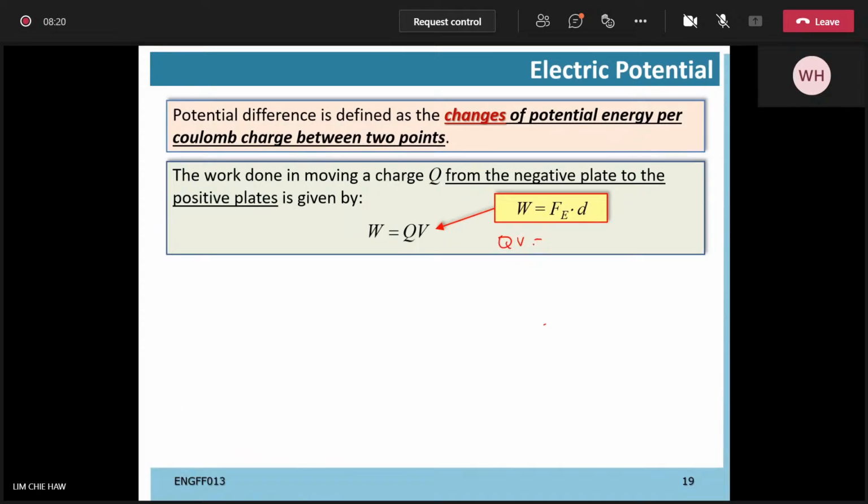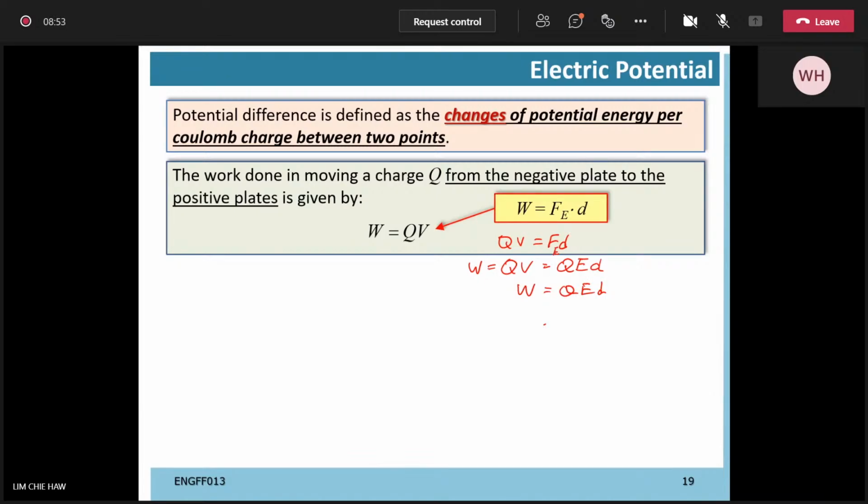QV equals Fd, and sorry, this is the electrostatic force, which actually equals QE. So if I maintain this side as W, you will get W equals QEd.